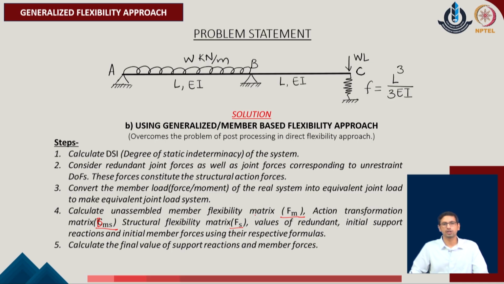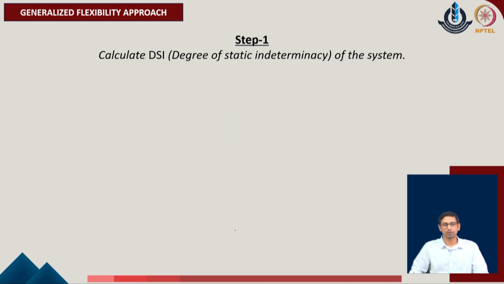And once we have all these values, we will do a small post processing where we include those external load components which have not been added in the actual calculation up to the initial steps of the given problem, to calculate the final values of the support reactions or the internal member forces. Now, to start with the process, we first define the degree of static indeterminacy.